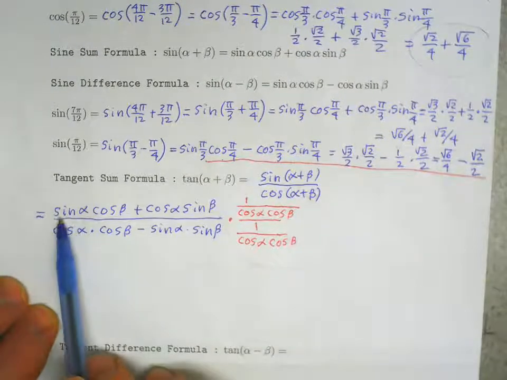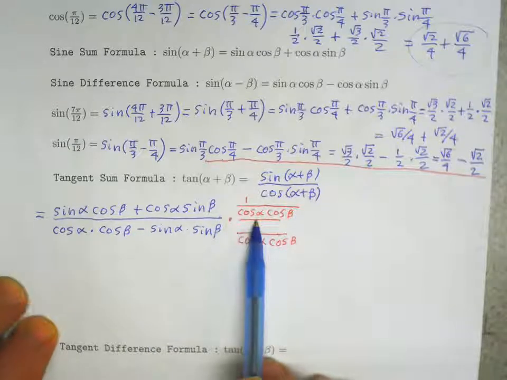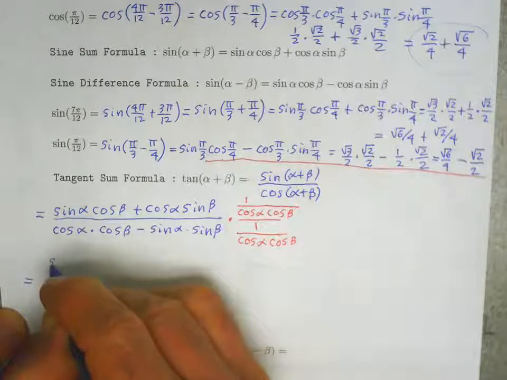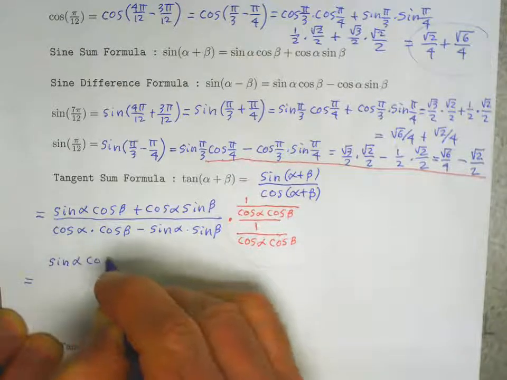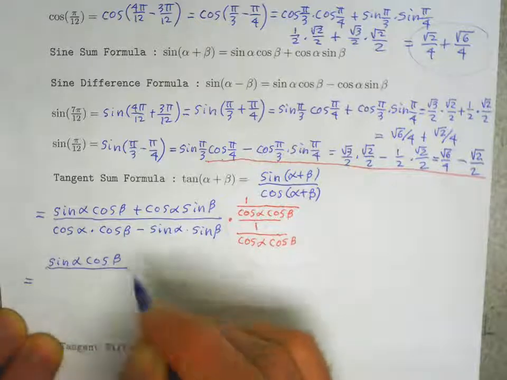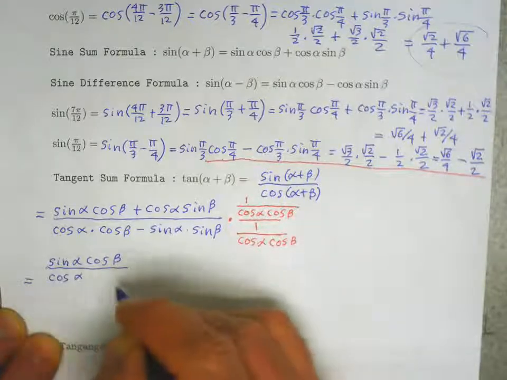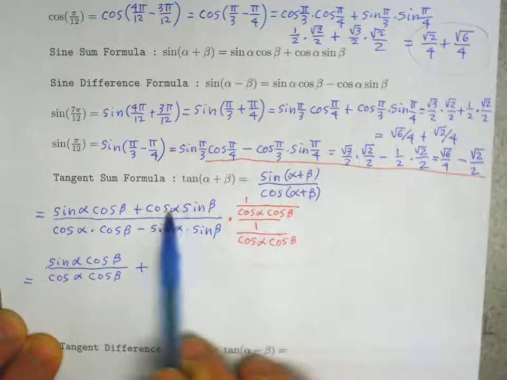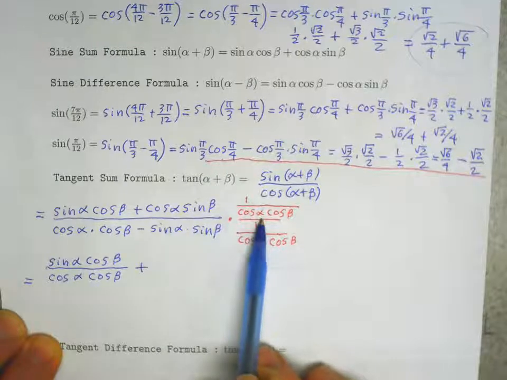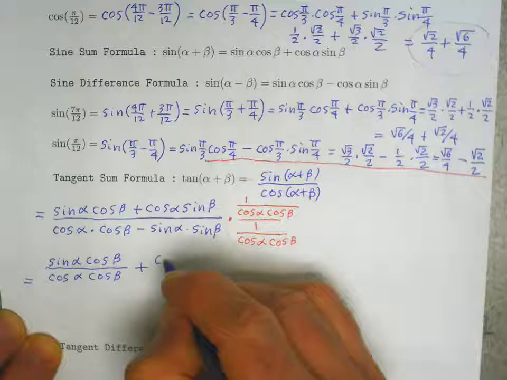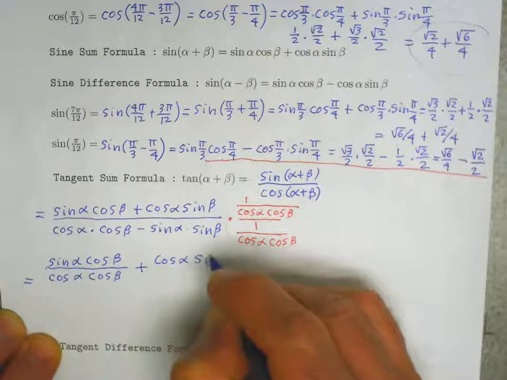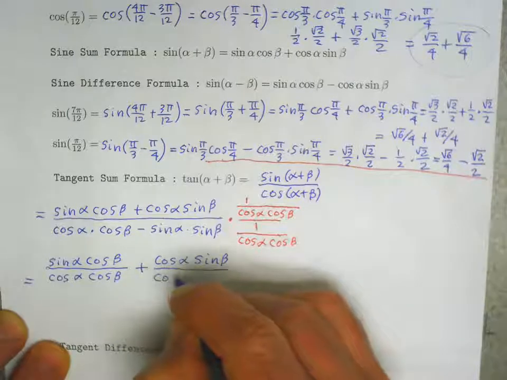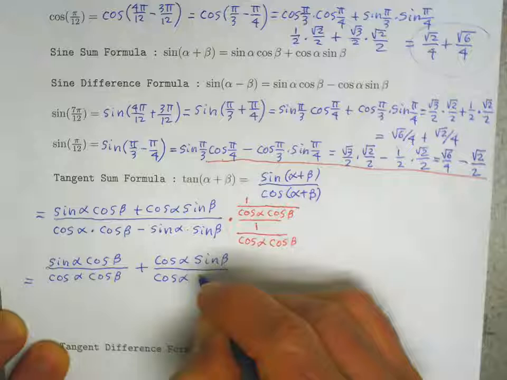Okay, so when we multiply this numerator by 1 over cosine of alpha, cosine of beta, we'll get sine of alpha times cosine of beta over cosine of alpha times cosine of beta. Then multiply the next term here by 1 over cosine alpha, cosine beta, and we get cosine alpha times sine of beta over cosine of alpha times cosine of beta.